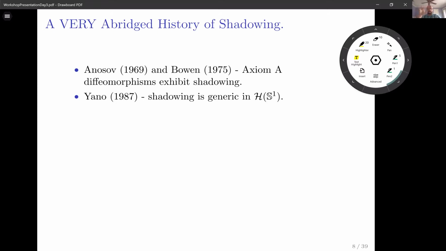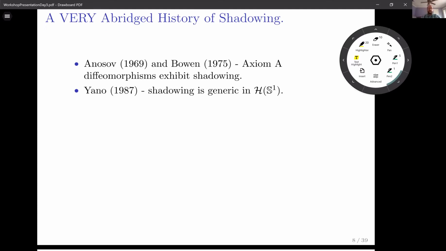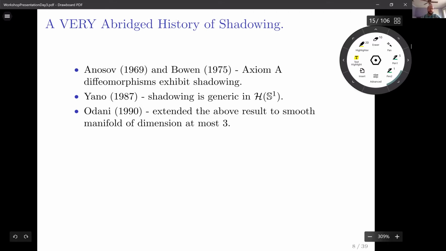Any rotation does not have shadowing, okay? But rotations are not most of the homeomorphisms. The rotations are a very thin subset of the homeomorphisms of the circle. All right. After this, O'Donnell in 1990 extended this result to smooth manifolds of dimension at most 3. So that's a big step up.